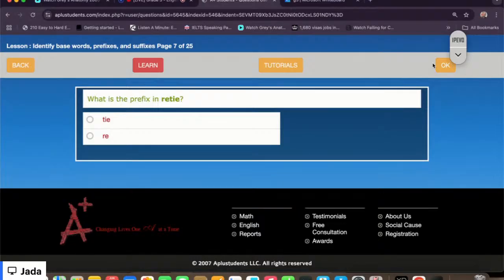So what is the prefix in retire? Is it tie or re?